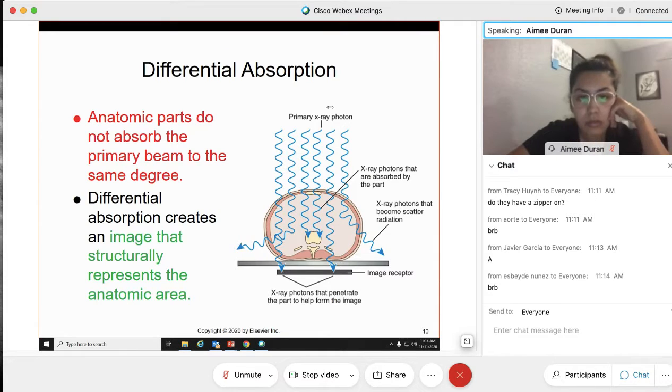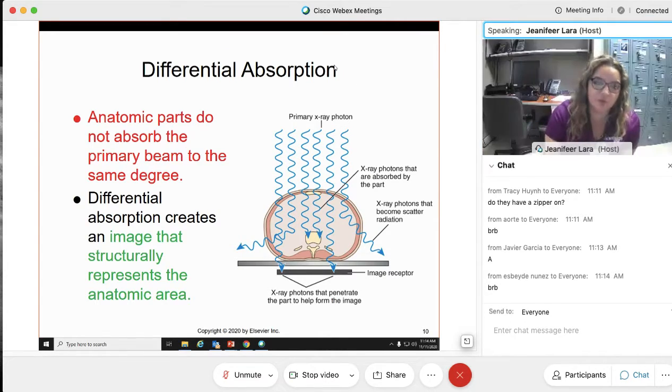All right. Let's go back to differential absorption, because I love these words, attenuation and differential absorption. I have it in color. You do have this slide, and it says anatomic parts, which are the different parts of our body, do not absorb the primary beam to the same degree. So let's take a look. Here we have our primary beam.